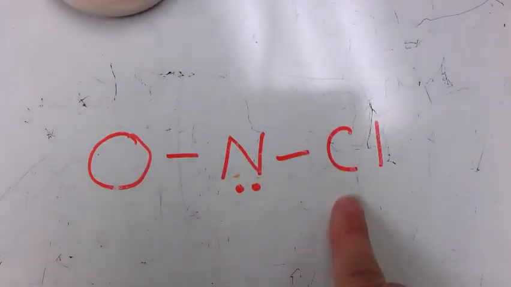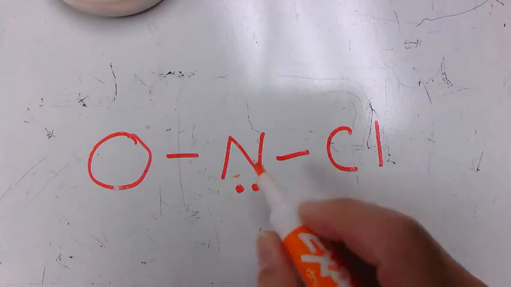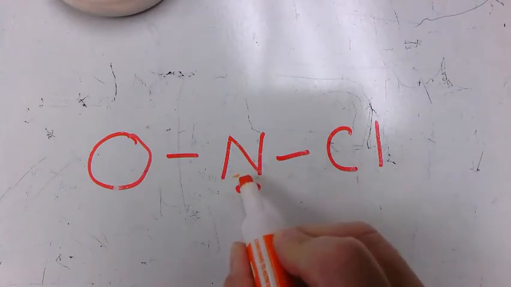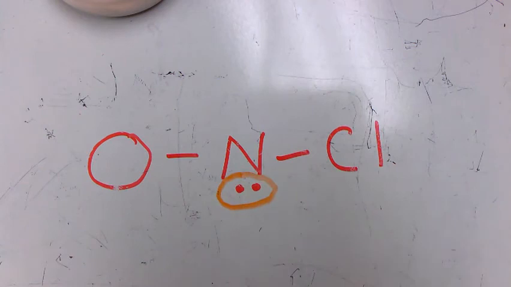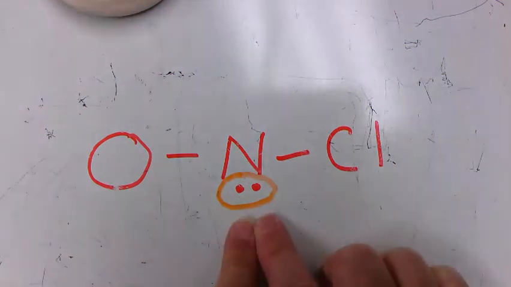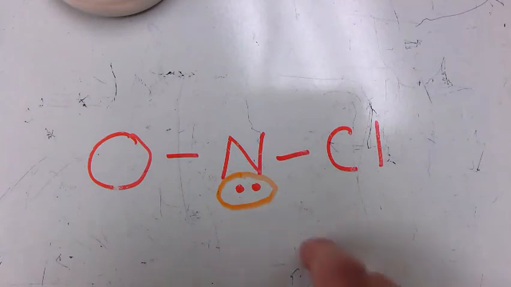So, then when we look at our molecule, we notice that there is a lone pair on that central atom. And what that lone pair means is that there are 2 electrons that are not bonded to anything. Okay? There are 2 electrons right here that are not bonded to anything, which means they're not being shared. They're just in the nitrogen.